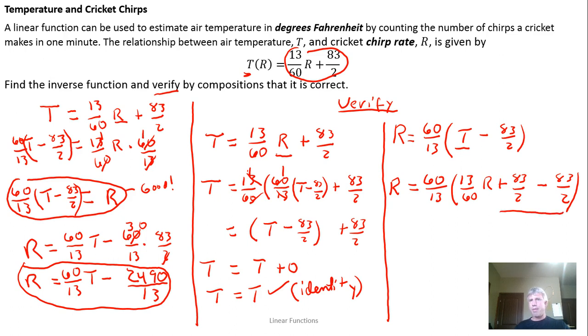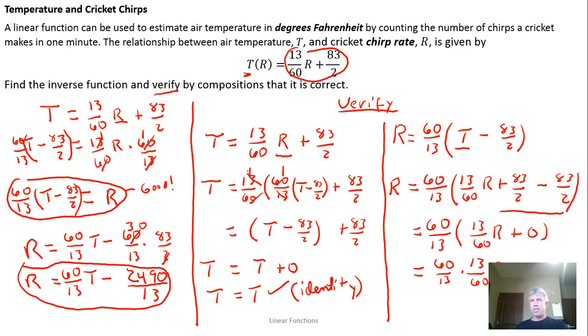Here I have plus 83 over 2 minus 83 over 2, which is just going to give a 0. So I get 60 over 13 times 13 over 60 times r plus 0, which is just 13 over 60 times r.